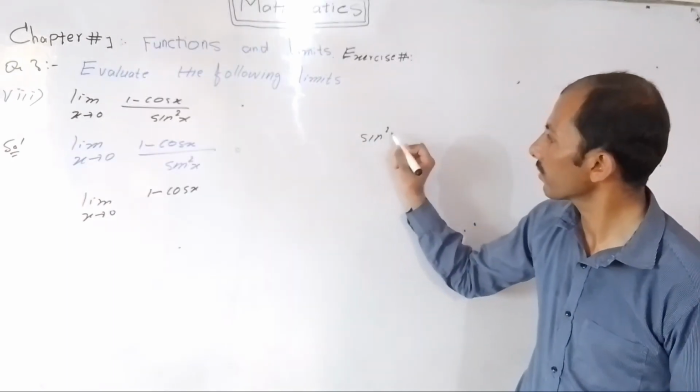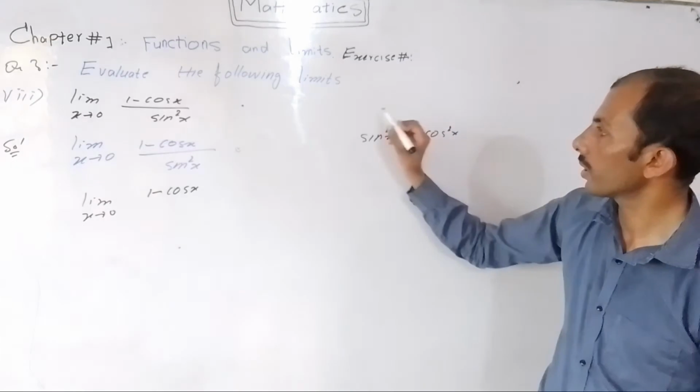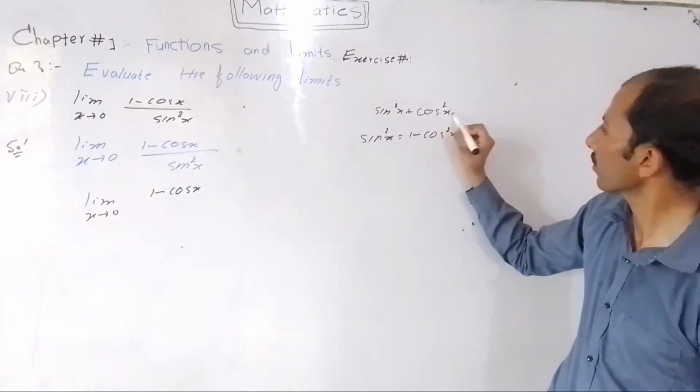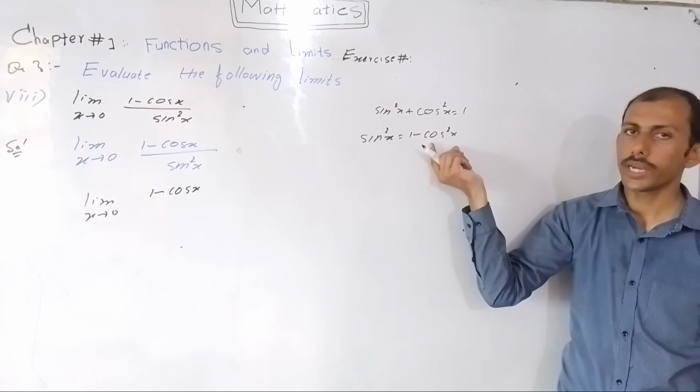Sine square x is equal to 1 minus cos square x, because sine square x plus cos square x is equal to 1. So sine square x is equal to 1 minus cos square x.